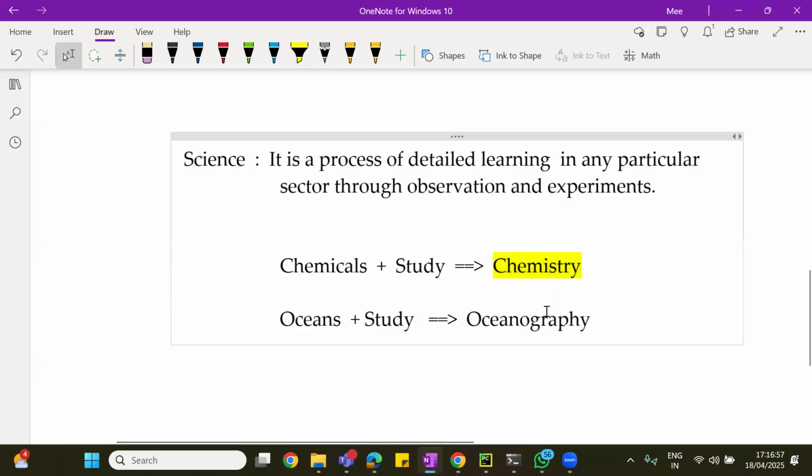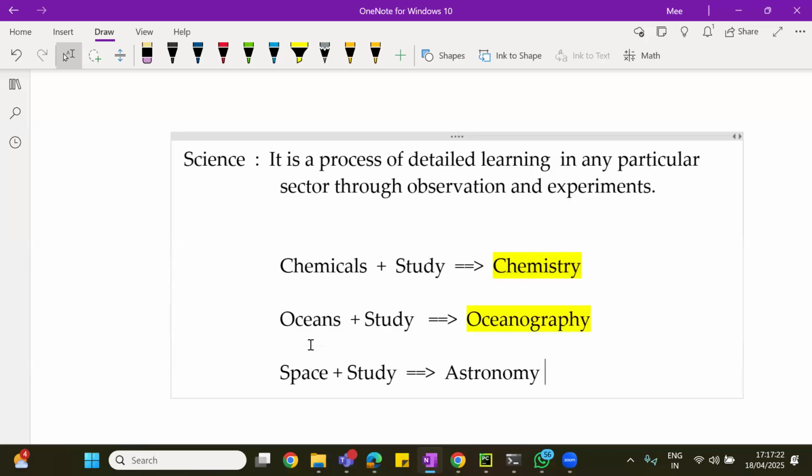Chemistry is a science, and oceanography is also a science where you deal with the oceans. Next, a detailed study on space is called astronomy. This is again a science, no doubt.